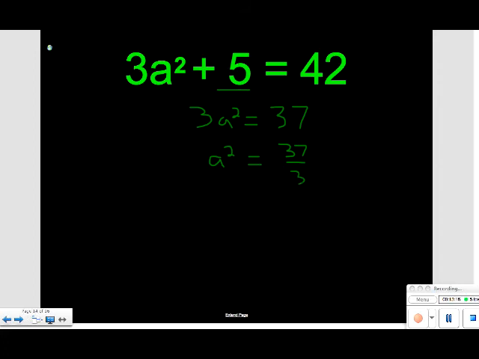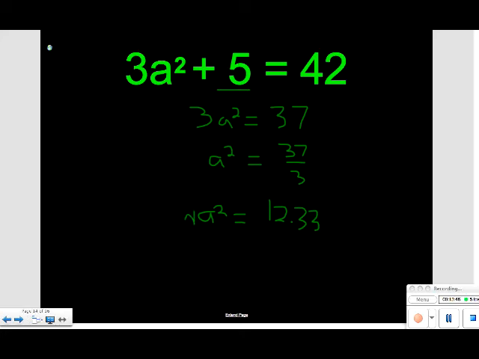And let's just call that, for the sake of ease, 12.33. It's actually 12.3 repeating forever, but we can't take the square root of something like that. And there is a way to take a square root of this, but we're not going to get into it right now. So I need to get the a by itself.